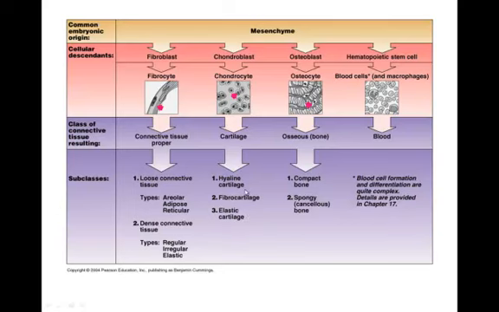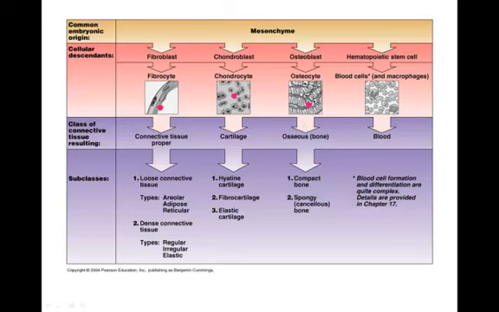Hyaline cartilage has collagen fibers in it, but they're so fine you can't see them. Fibrocartilage has lots of collagen fibers that you can see, and elastic cartilage has an abundance of elastic fibers. So there's the difference between the three: collagen fibers you can't see, collagen fibers you can see, and elastic fibers.